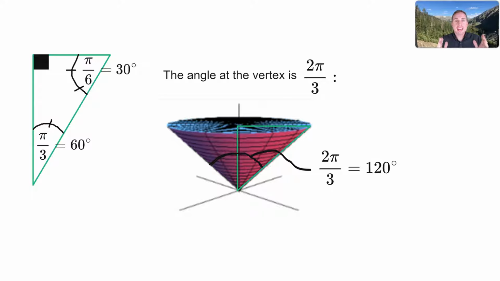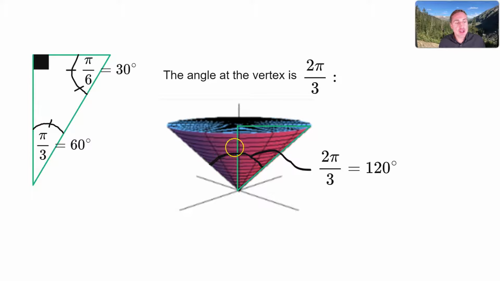One thing I realized that I do need to clarify is that when the problem states that the angle at the vertex is 2 pi over 3, that's confusing for the sake of this problem. The angle at the vertex is actually from the left-hand side of the cone to the right-hand side of the cone, as viewed in the problem.